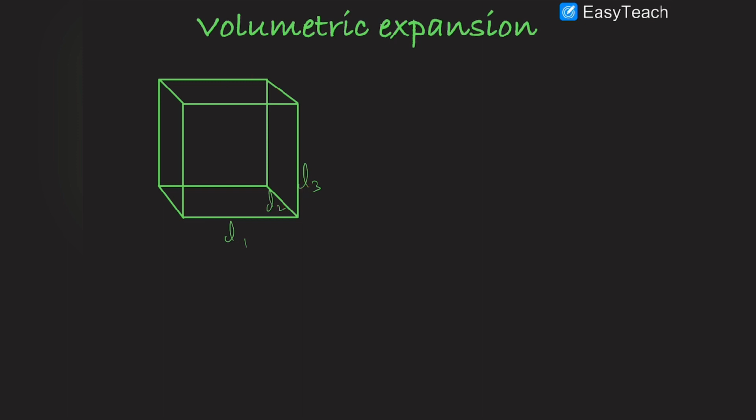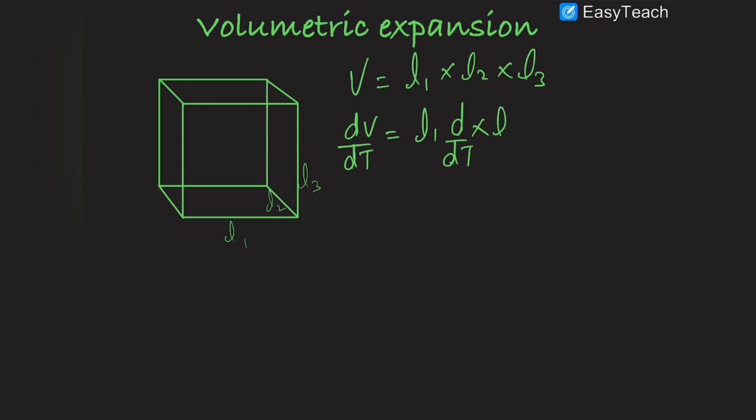The volume will be equal to L1 into L2 into L3, and dV by dt will be equal to L1 into d by dt of L2 L3 plus L2 L3 into d by dt of L1.